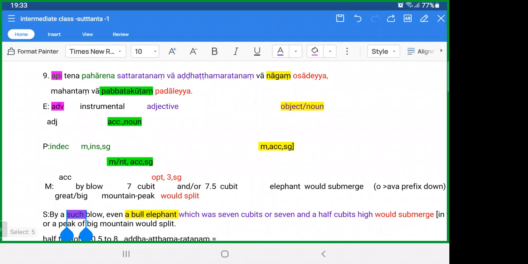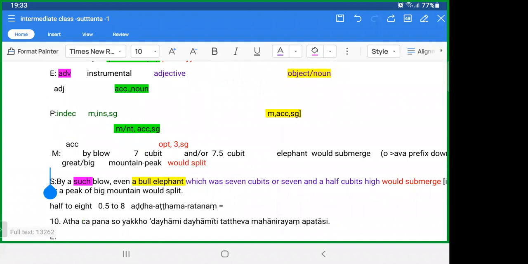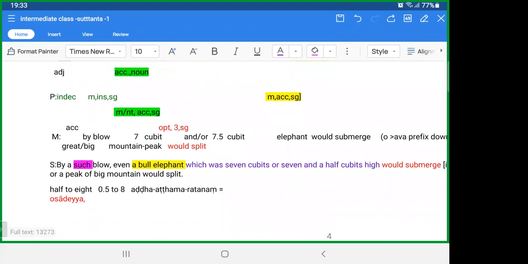So if you already learned a few times, you can find out the verbs osa deti, pala leti, right? Then if you have this osa deti, you have to find out what is the possible root. If you want to make your exercise more complete, find out what this is made of. Awa or o plus what?